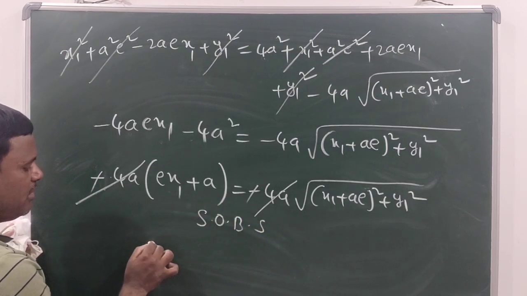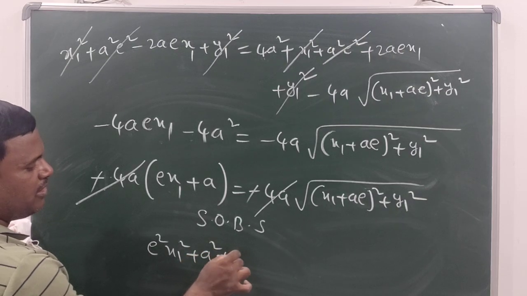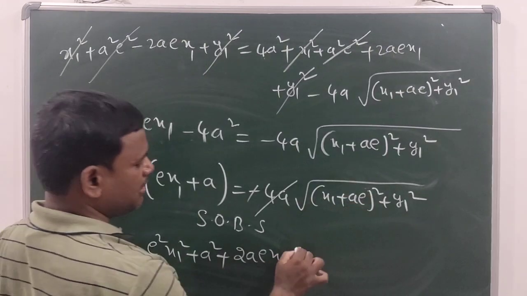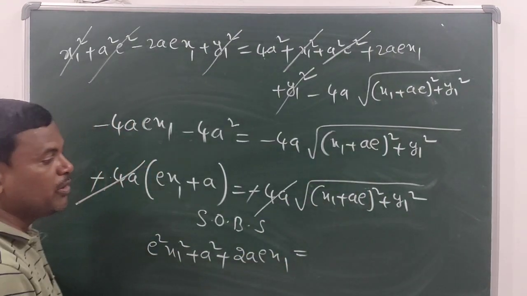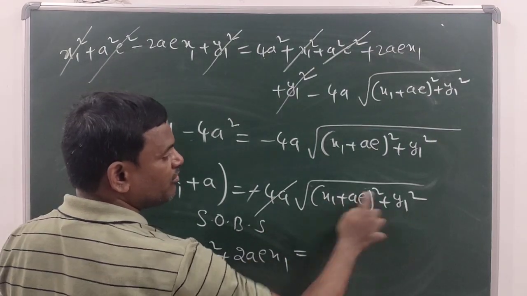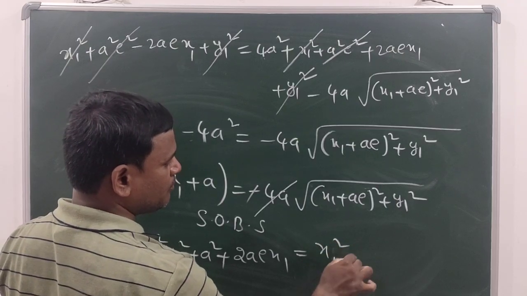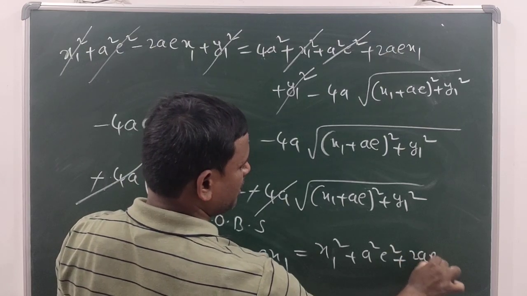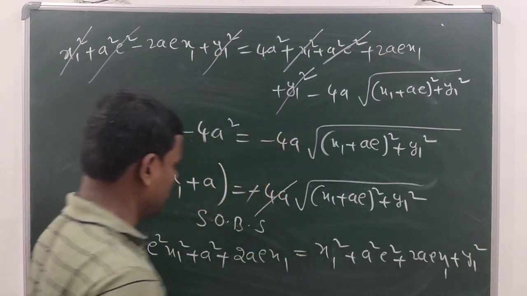When you take here square on both sides, e square x1 square plus a square plus 2ae x1 you will get. Here when you take square on both sides, the square root will be eliminated now. After that this expression will be left and simplify that. So here x1 square plus a square e square plus 2ae x1 plus y1 square.